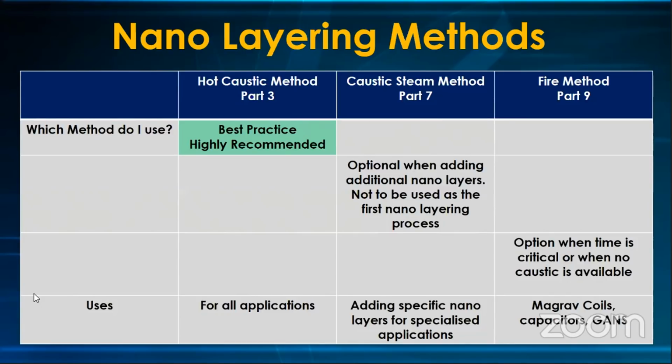So if you produced the nano layers by the hot caustic method, in that case, you take them out, you wash them out, you rinse them, and you put them in caustic steam. You use the caustic steam method.